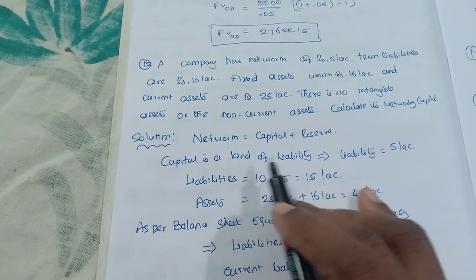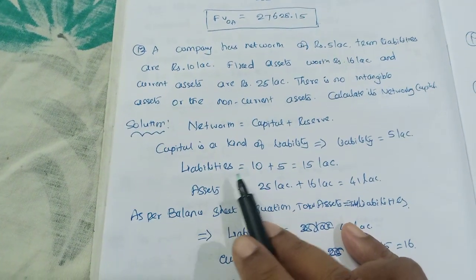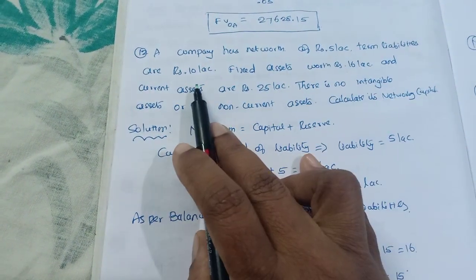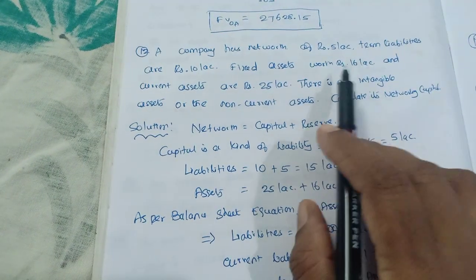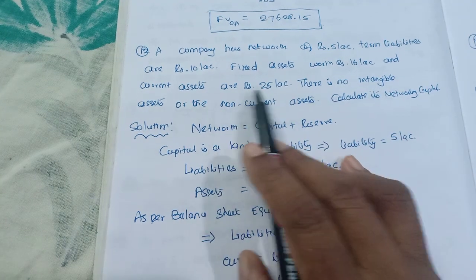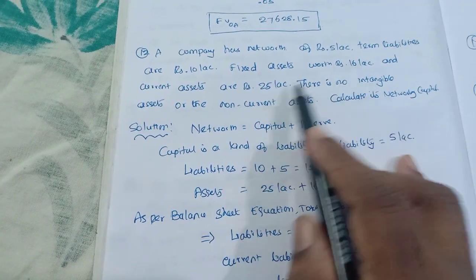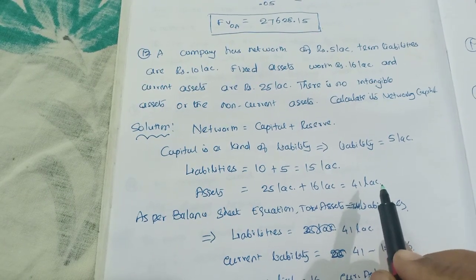Capital is a kind of liability, so liability is 5 lakh. Next one, total liabilities: term liabilities are 10 lakh, so 10 plus 5 is 15 lakh. Next, we are considering the assets. Fixed assets 16 plus current assets 25 lakh, adding these two, I am getting 41 lakh.